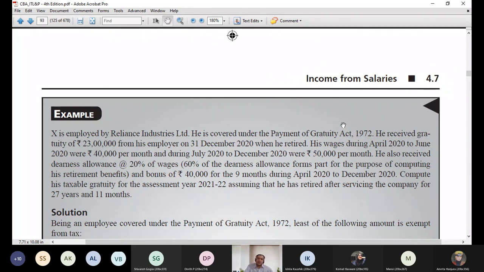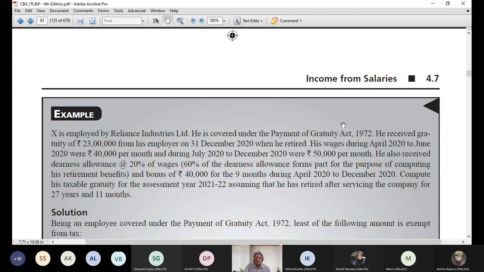His wages during April 2020 to June 2020 were 40,000 per month, and during July to December, that means till I retire, the salary increased from 40,000 to 50,000. He also received DA allowance at the rate of 20% of wages. 60% of DA allowance forms part for the purpose of computing his retirement benefits.